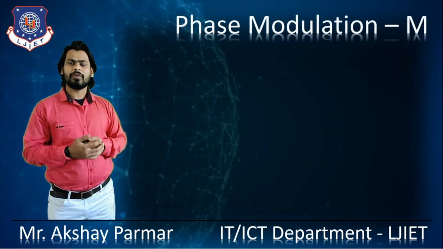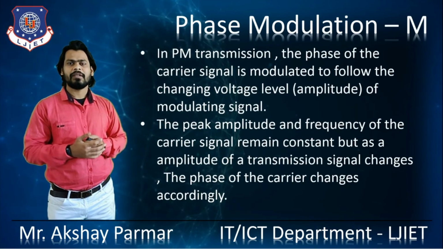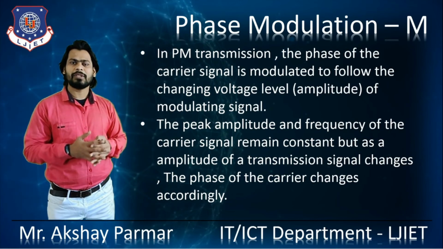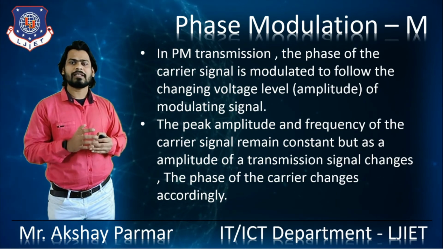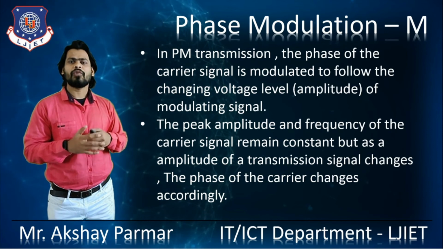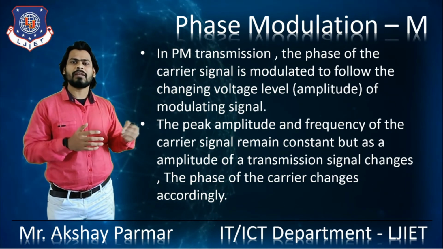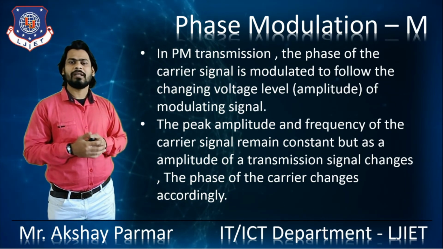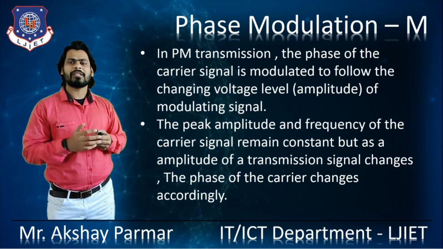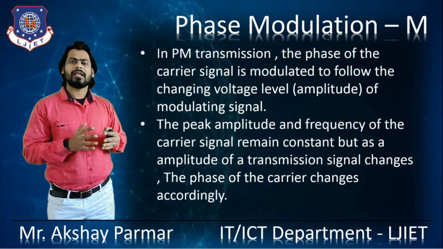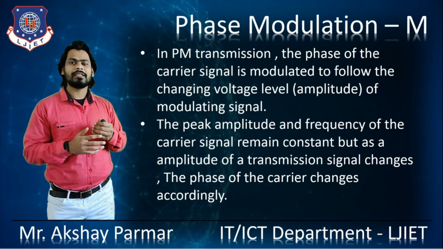Next, let's look at phase modulation. In phase modulation, we are changing the phase. In phase modulation transmission, the phase of the carrier signal is modulated to follow the changing voltage level of the modulating signal. As you can observe, we change the phase whenever the amplitude of the signal changes.